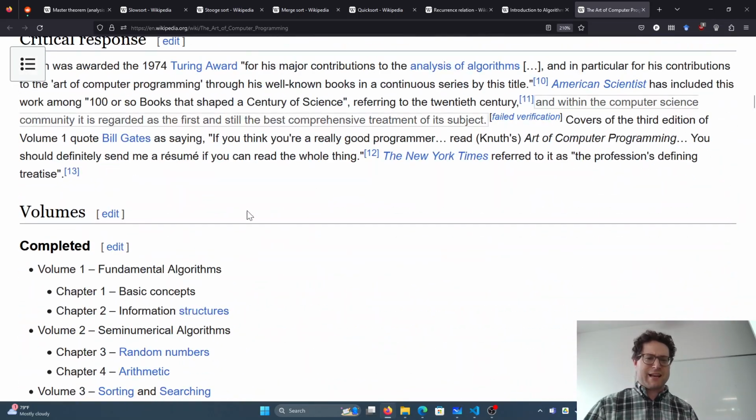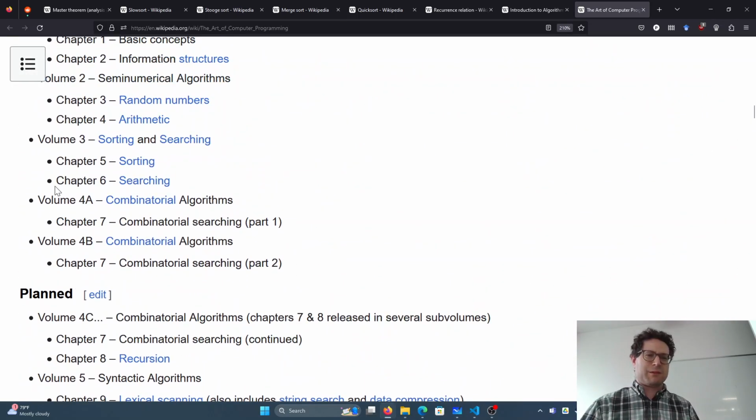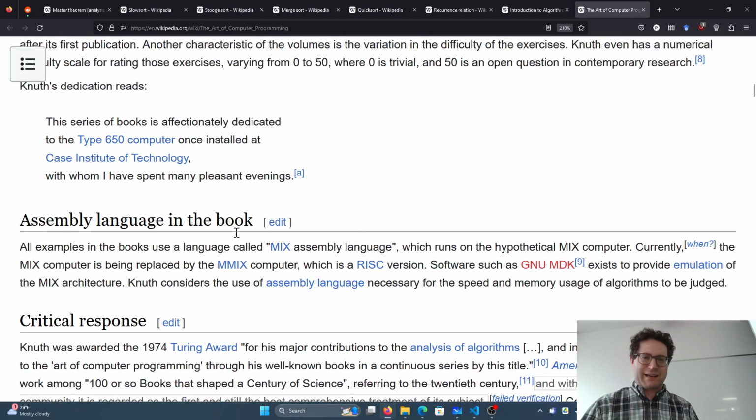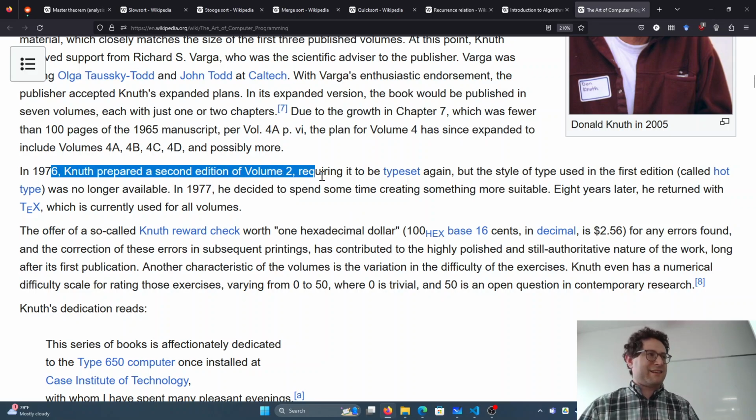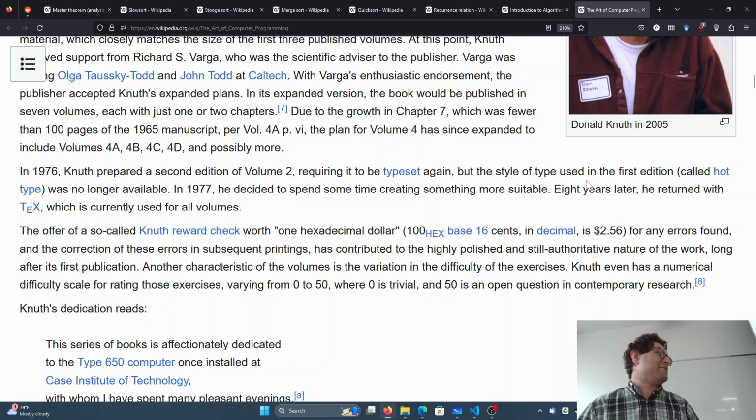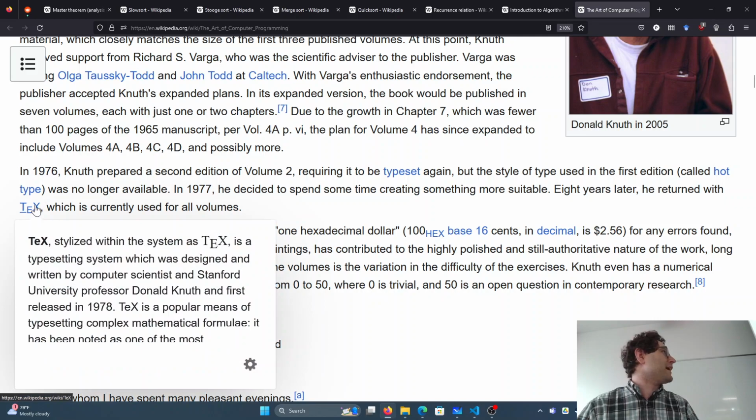It is very extensive, even though it's not finished, because it's split up into volumes, and he's still working on it. What's funny is that when he was trying to get the second edition of Volume 2 done, it required to be typeset, but the typesetting technology he was using was no longer available, so he went off on an entirely different tangent in 1978 and spent 8 years working on TeX, a typesetting system used for a lot of scientific papers.